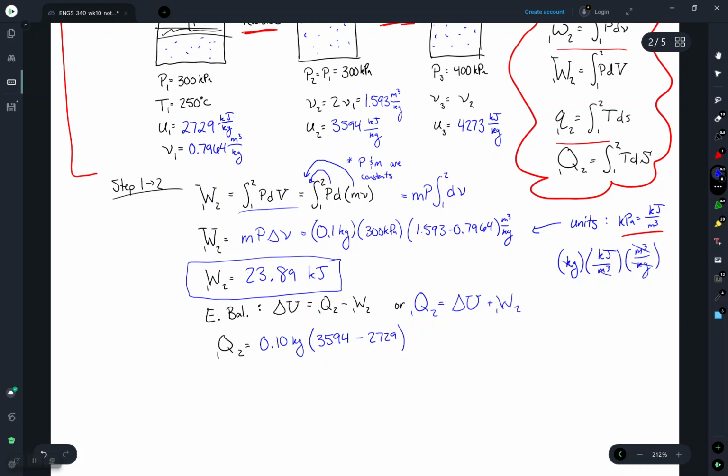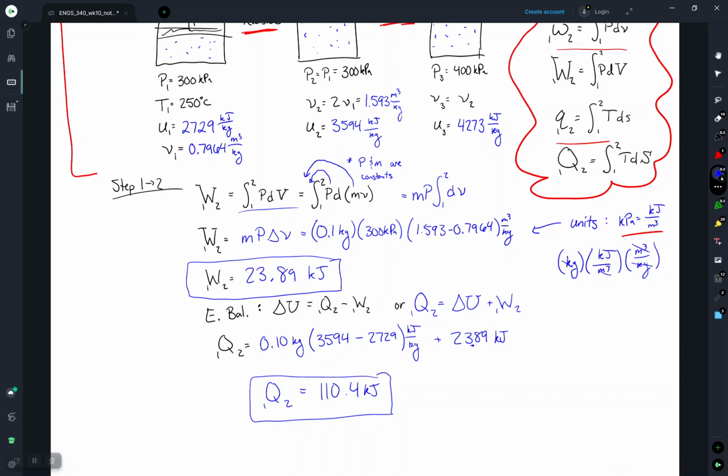So we're still doing, instead of out minus in, it's final minus initial. Those are in kilojoules per kilogram. So those will work out to be kilojoules per kilogram times kilograms, just kilojoules, plus our work, 23.89 kilojoules. So we can then calculate Q12, which is 110.4 kilojoules. That's the first step in our process.